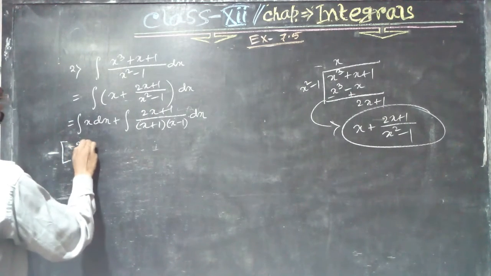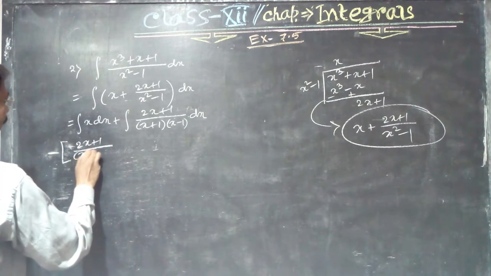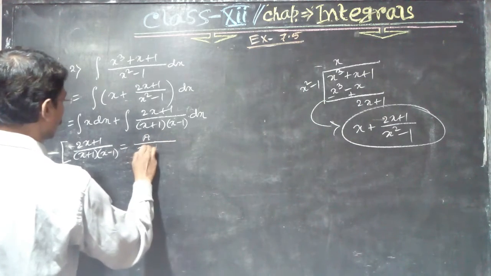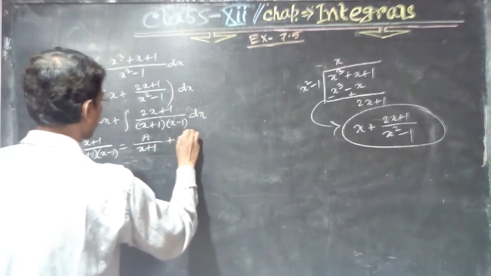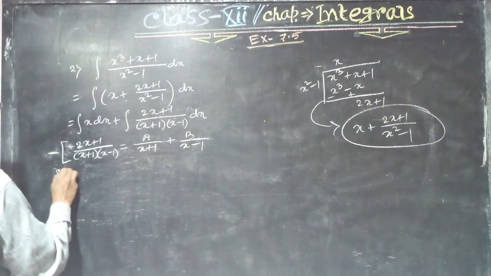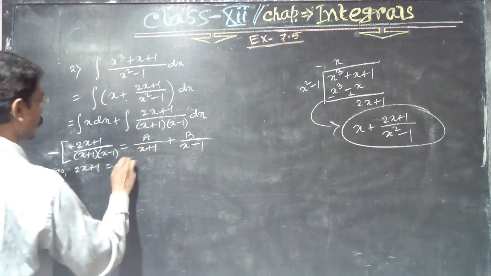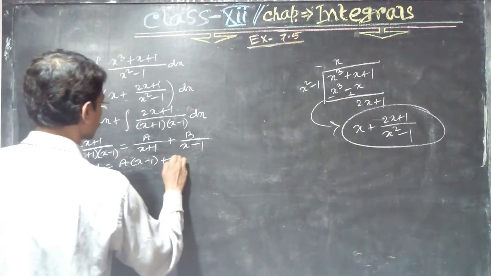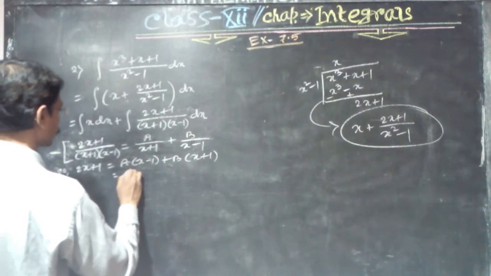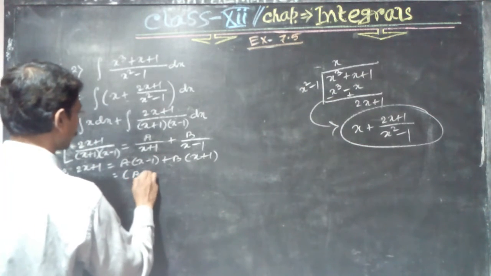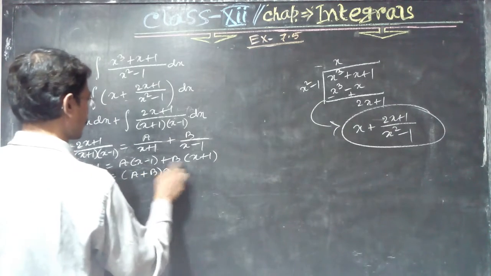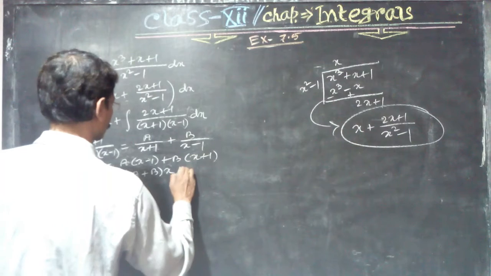Now 2x plus 1 by x plus 1 into x minus 1 equal to a by x plus 1 plus b by x minus 1. So 2x plus 1 equal to a into x minus 1 plus b into x plus 1, equal to a plus b into x, plus b minus a.